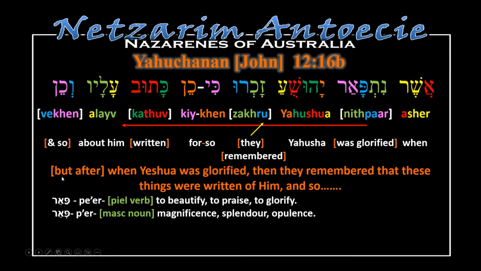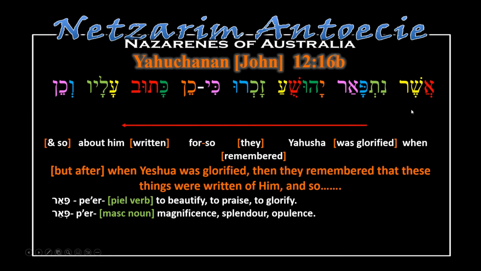Now in the English it is, but after, when Yeshua was glorified, then they remembered that these things were written of him, and so. Right, now let's read that. And it is Asher Nit Pa'ar Yahushua Zakru Ki Ken Katuv Alayv the Ken.